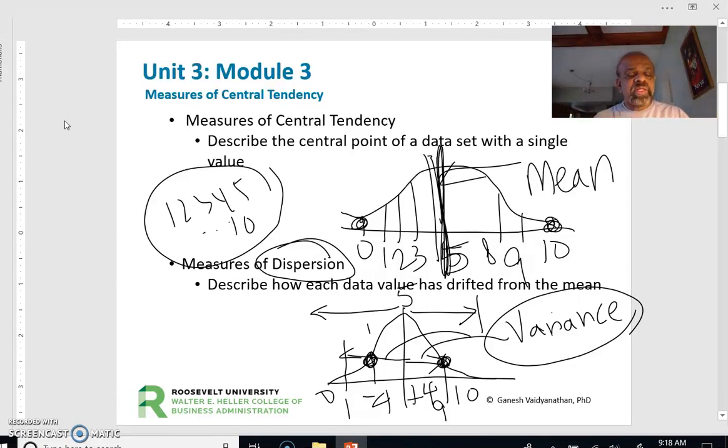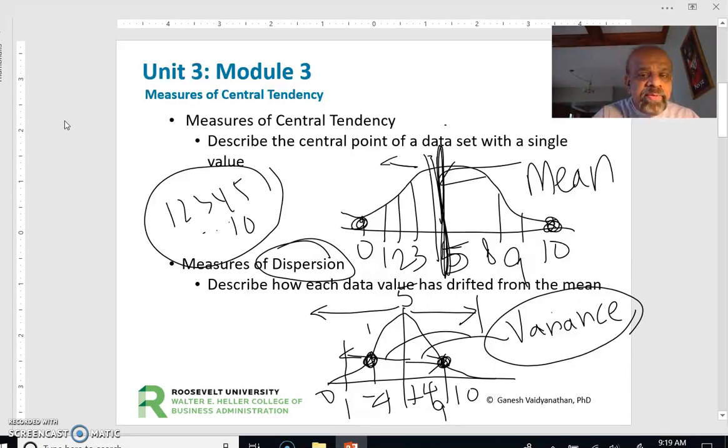In summary, what we are doing here is taking this data 1 to 10 and drawing it like a frequency. These are the frequencies 1, 2, 3, 5, 8, 9, and 10. And we are seeing that the central point is 5. And then from the central point, what is away?